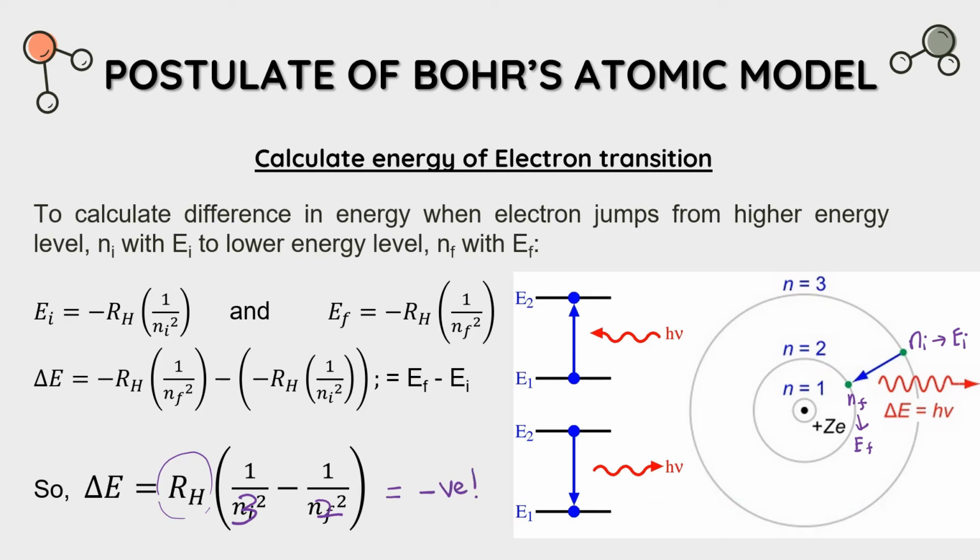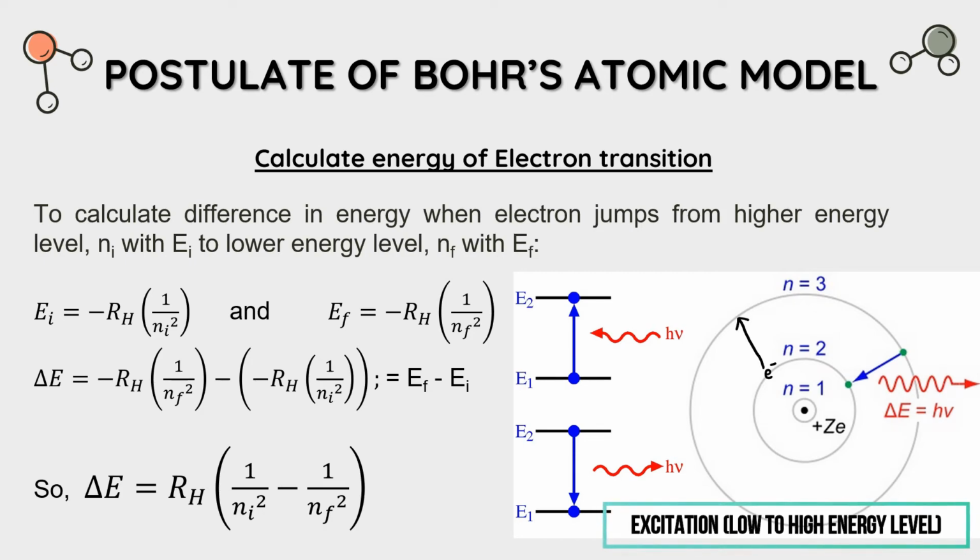Can we calculate the energy, or delta E, for electronic transition for absorption? The answer is yes. For example, let's say we have an electron at the second energy level that gets excited to a higher energy level.